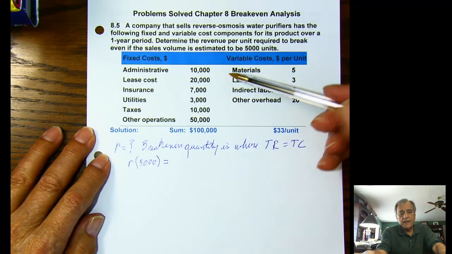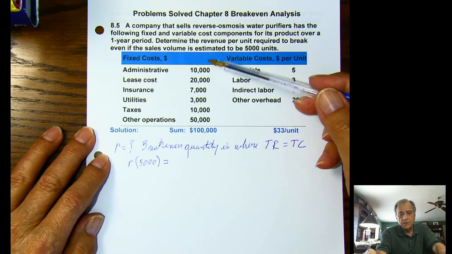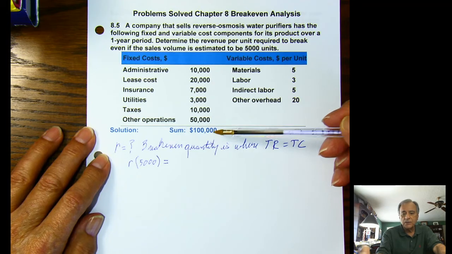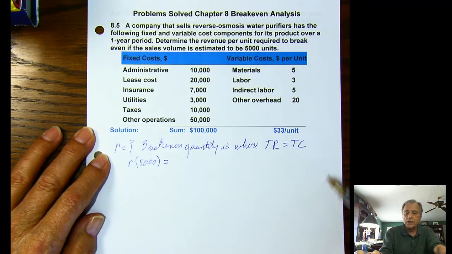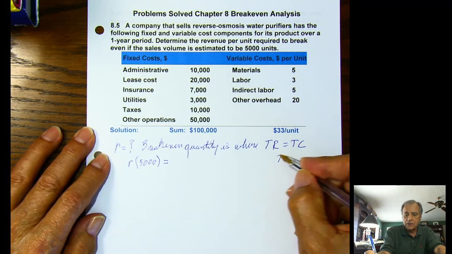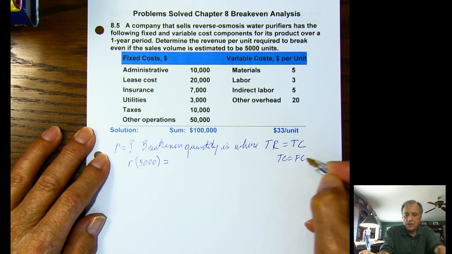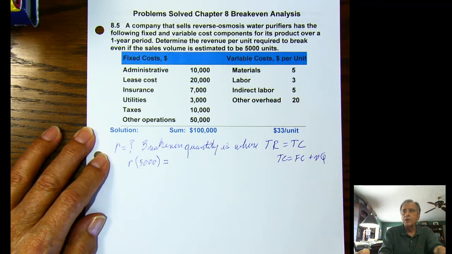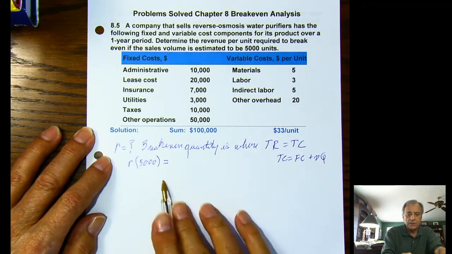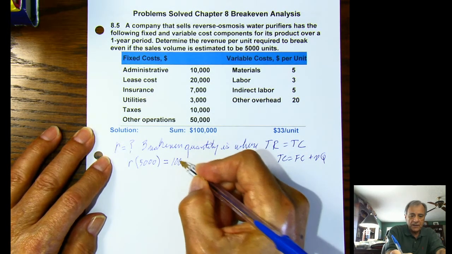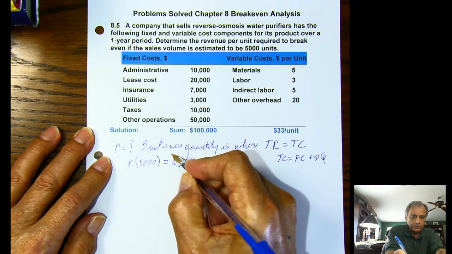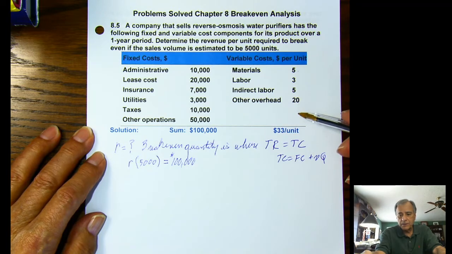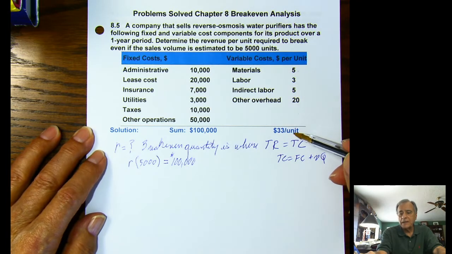Well, if we add up all of our fixed cost, which is the left-hand column, we get $100,000. Total cost, recall, equals fixed costs plus the variable cost per unit times the number of units, Q. So this is going to be 100,000, that's the fixed cost. And if you add up the variable cost, they come out to $33 a unit.